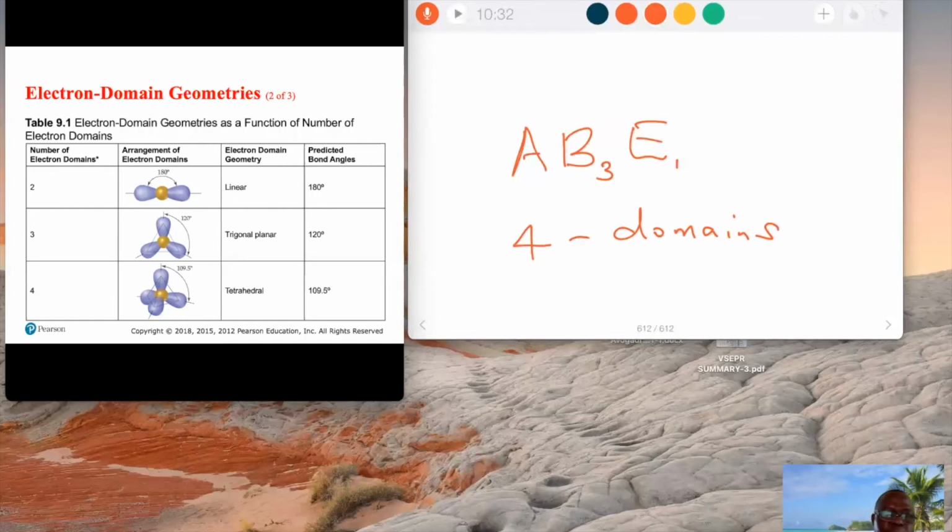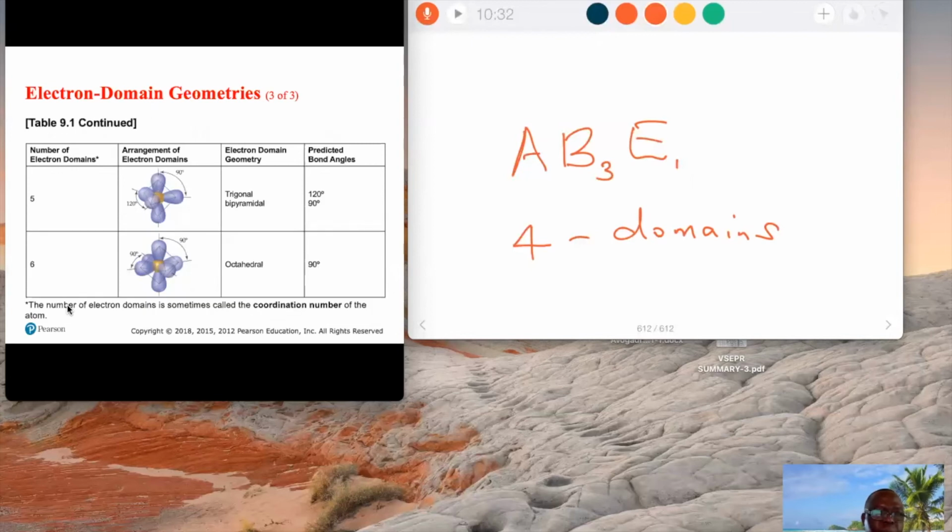If you look at the electron domains, that means around the central atom, there are 2 domains, 3 domains, 4 domains, and 6 domains, all right? Before you predict the molecular geometry, you need to know the electron domain geometry, all right?